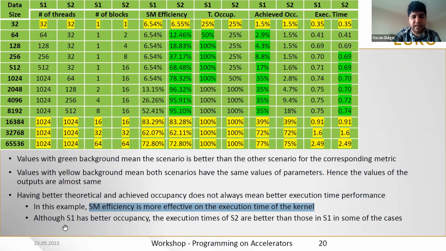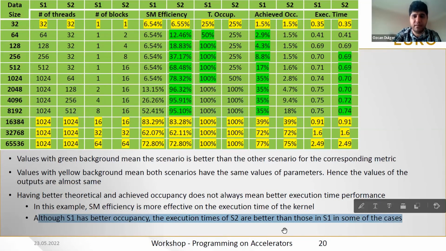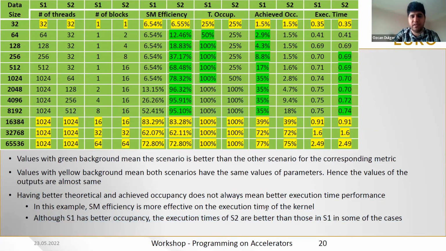Although S1 has better occupancy, the execution times of S2 are better than those of S1 in some of the cases. So in this example, better theoretical occupancy is not what is effective on the result. Utilization of the streaming multiprocessors is more effective on the execution time of the kernel.